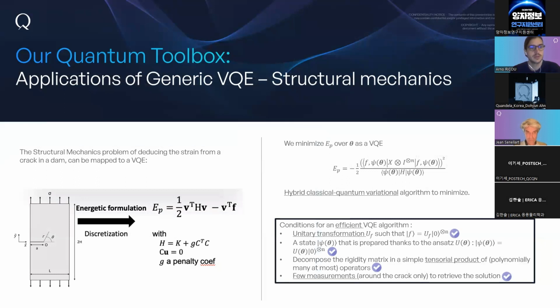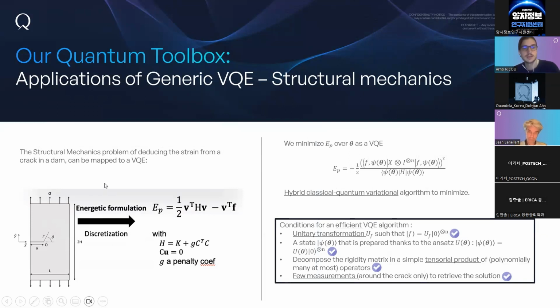in different setups, on different problems. So we applied it to a structural mechanics problem, where we had a 2D mechanical structure and we had a crack in the dam, and we wanted to know how this crack is going to evolve with some tensile constraints on this dam.